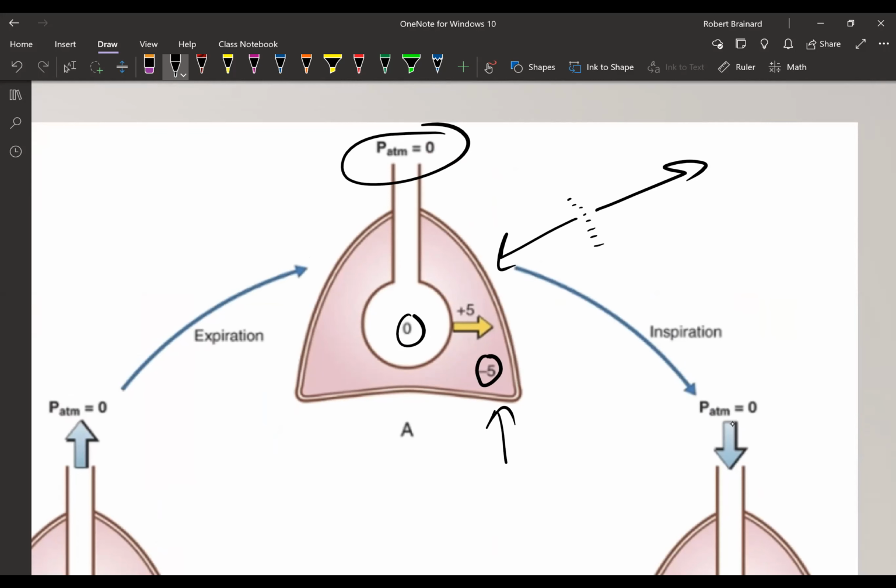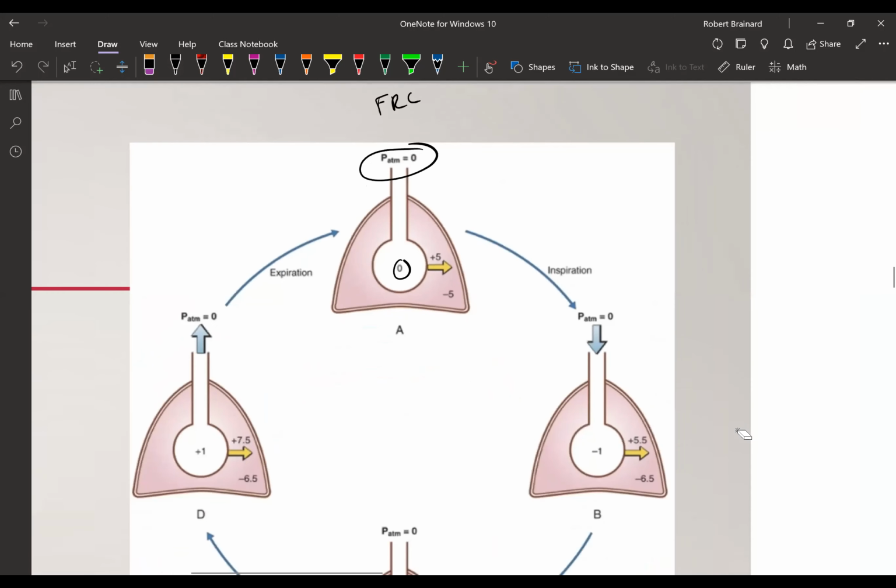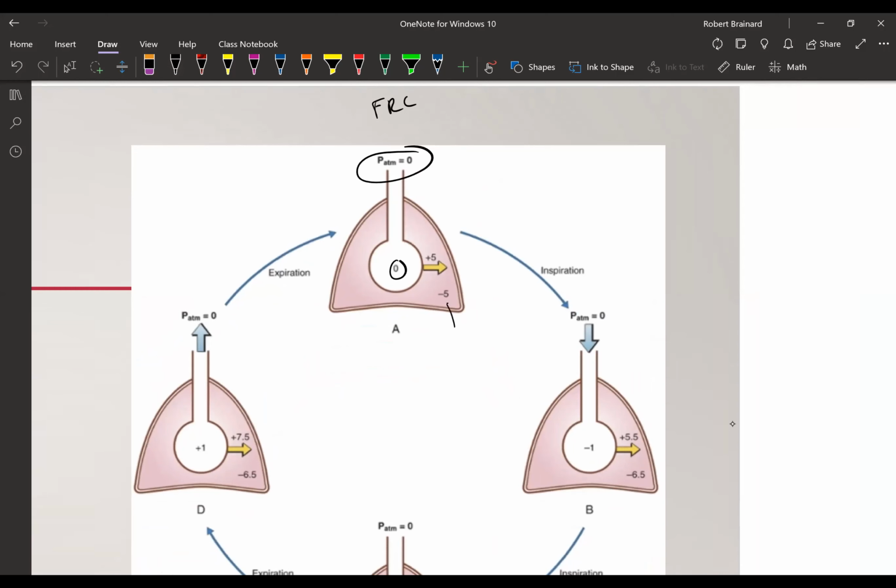So this is showing you a negative intrapleural pressure of -5 right there. And this is representative of the transmural pressure, which is alveolar minus intrapleural, and that's going to be +5 because it's equal and opposite.